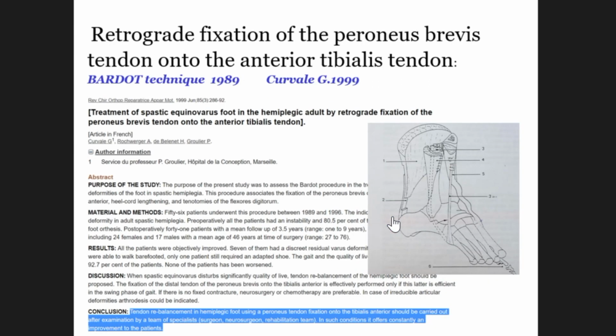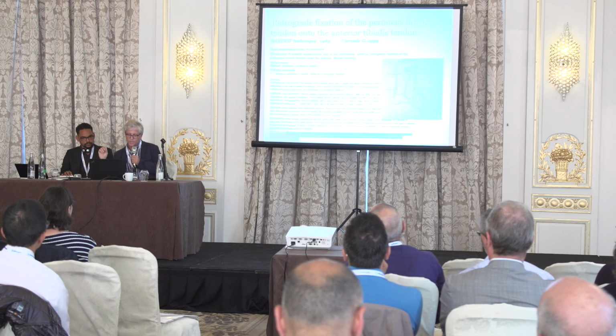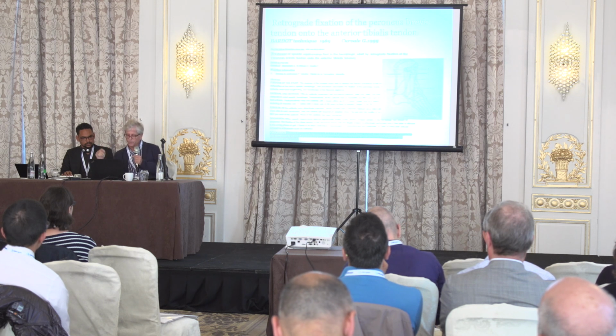The third technique is a retrograde fixation of the peroneus brevis tendon onto the anterior tibial tendon, first described by Bardot in 1989, and used by the Marseille team, by Curval, who also report good results. In the technique, you make a tenotomy of the proximal tendon, and you transfer the distal tendon with the suture of the proximal part on the tibial anterior.